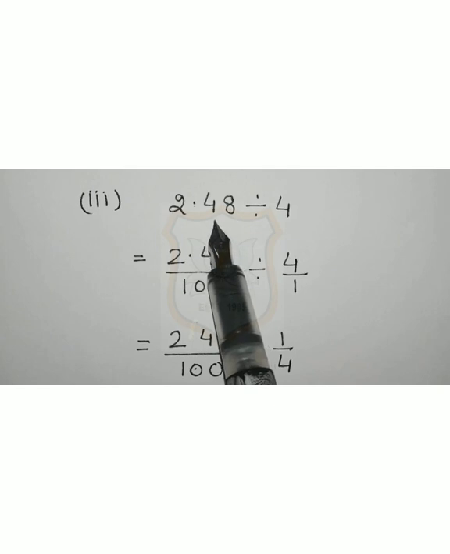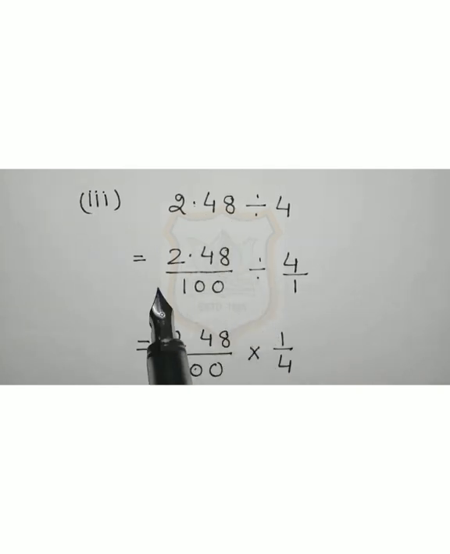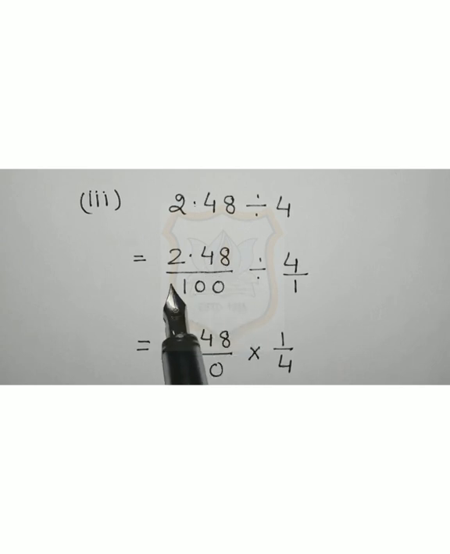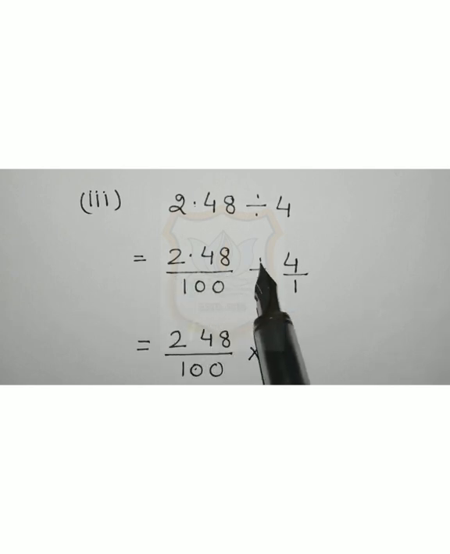To remove decimal from 2.48, we will divide it by 100 because in 2.48 decimal is after 2 digits, that is 8 and 4. So this decimal will be removed by putting 100 below the fraction line and then divided by 4 upon 1.